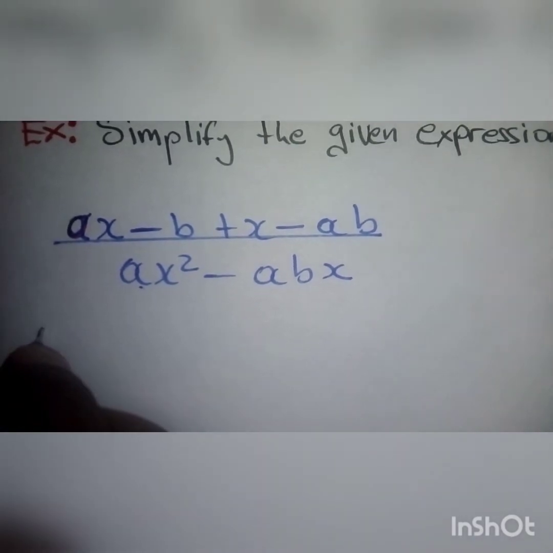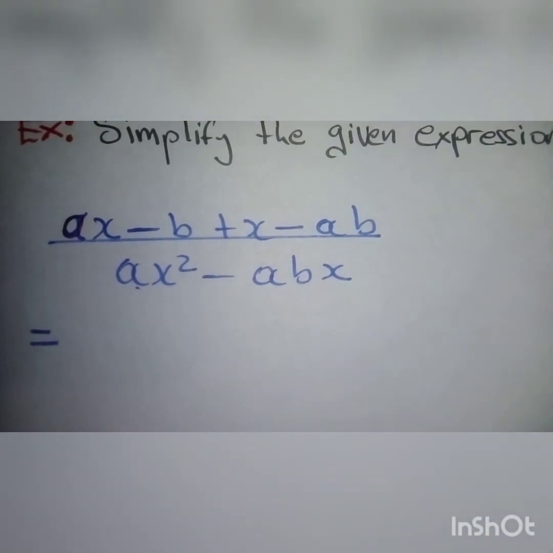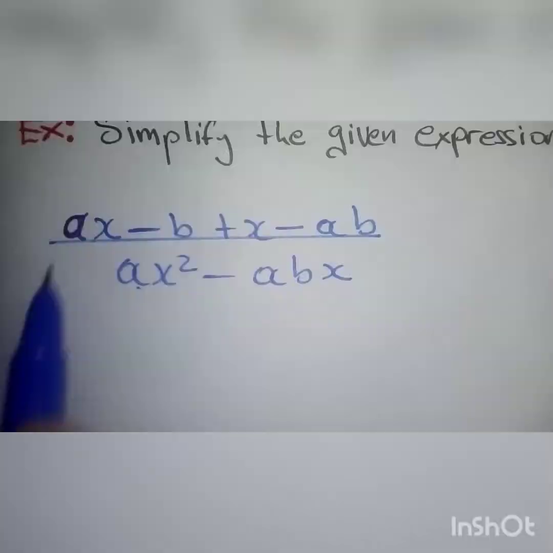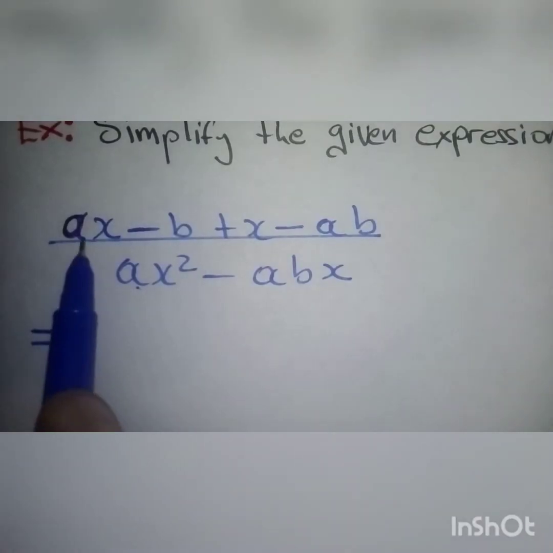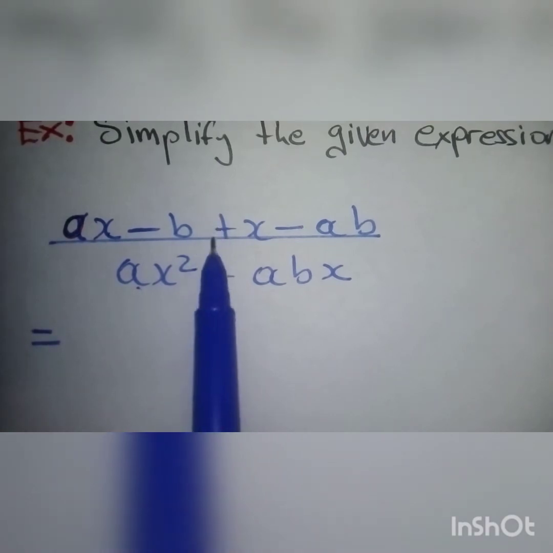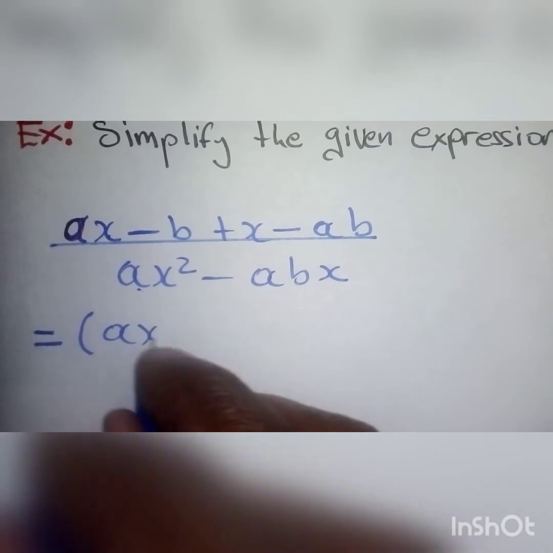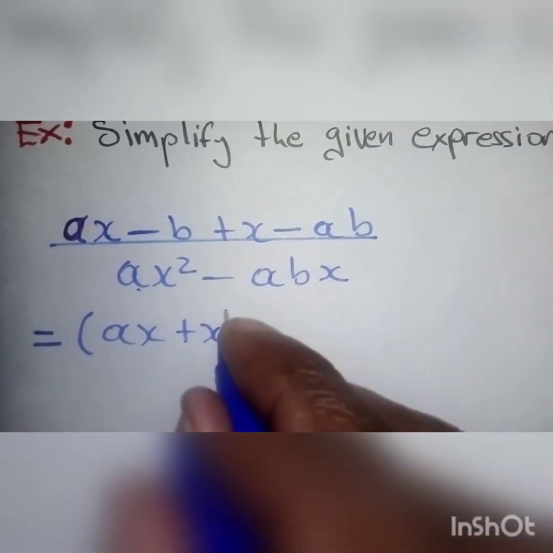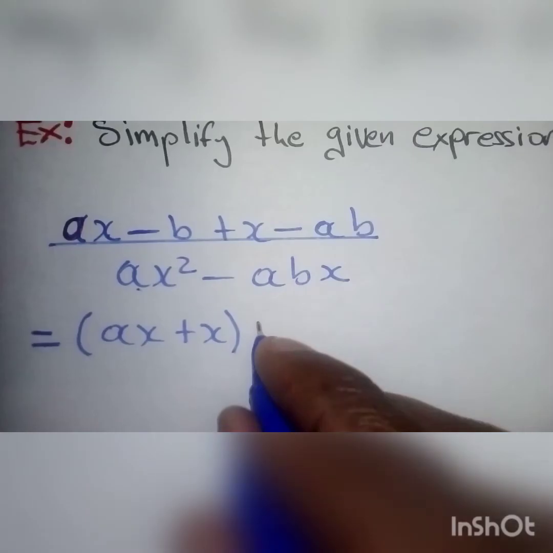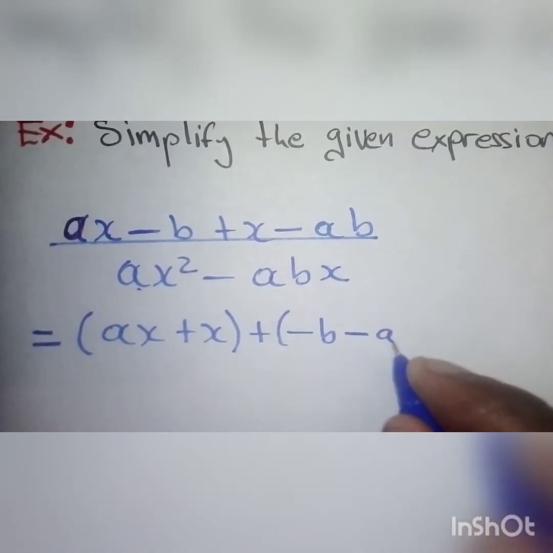So this is equals to, in the numerator, we group all the terms that contain x and all the terms that contain b. So we have ax plus x, minus b minus ab.